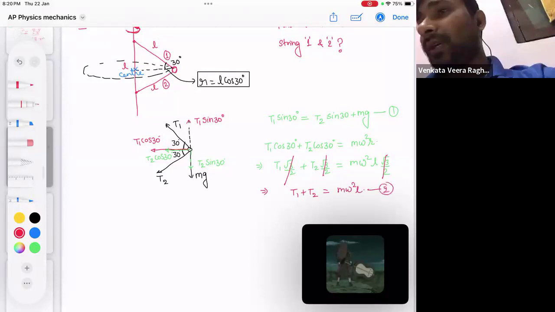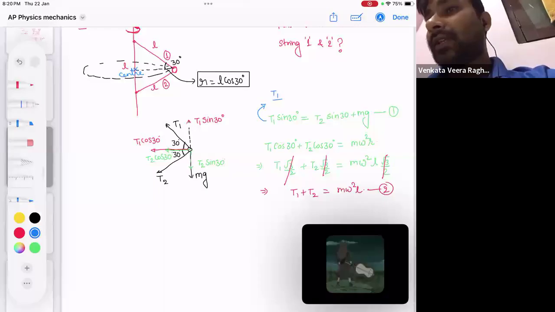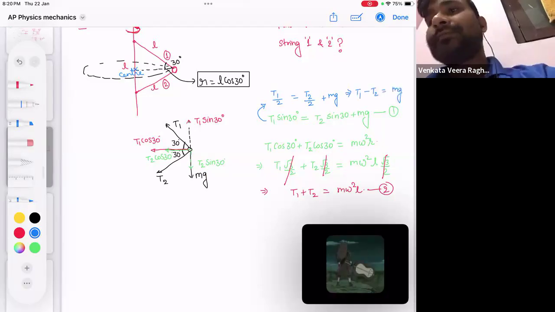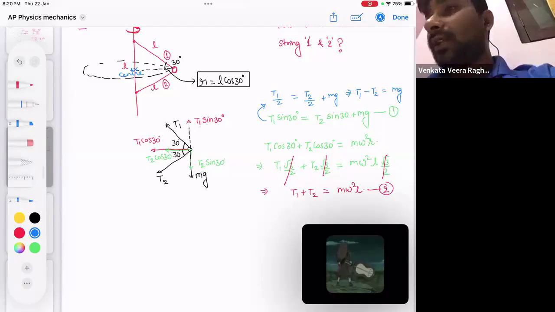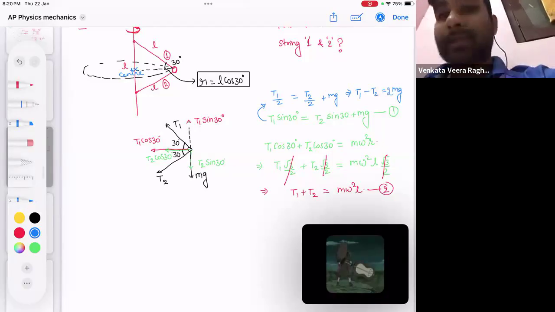And if you look at the first equation, T1 sin 30 means 1 by 2 equal to T2 sin 30 means 1 by 2 plus mg. So when I bring T1 and T2 to one side, I'm getting T1 minus T2 equal to, sorry, 2 mg. Now look at these two equations.